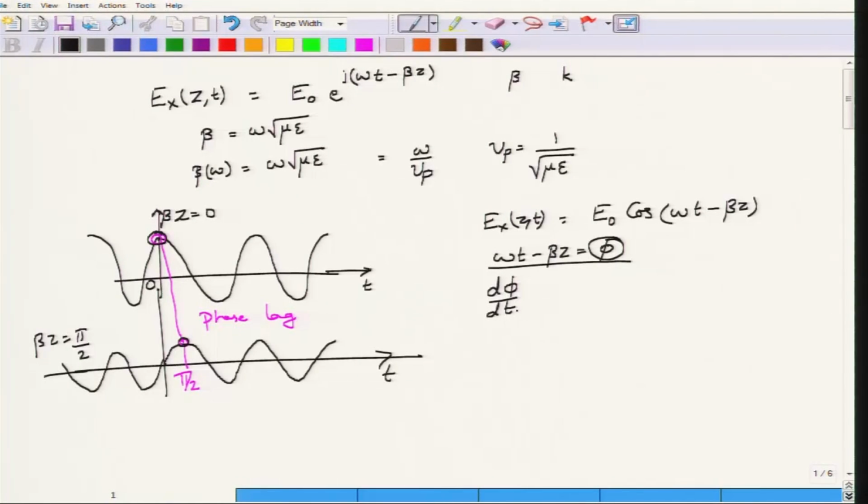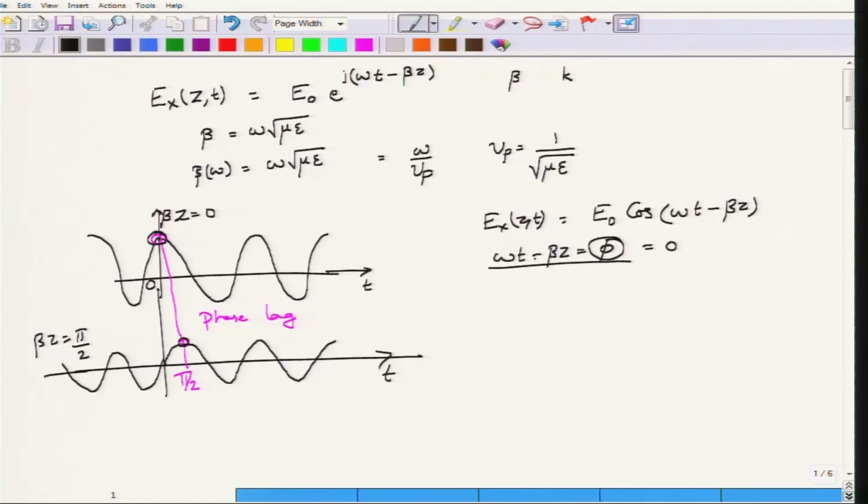So, how would I be able to obtain, sorry, this is not d phi by dt, the velocity is dz by dt, right, how quickly this phase point is moving. For simplicity I will take this phi equal to 0, which means that I am following the maximum. Since I am following the maximum, I can find the derivative of z with respect to t, which will give me the phase velocity.